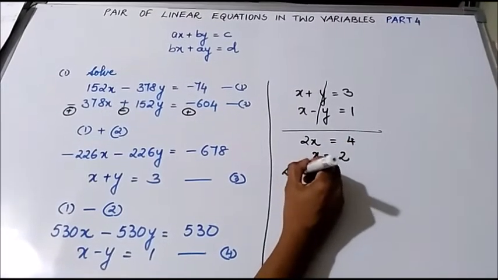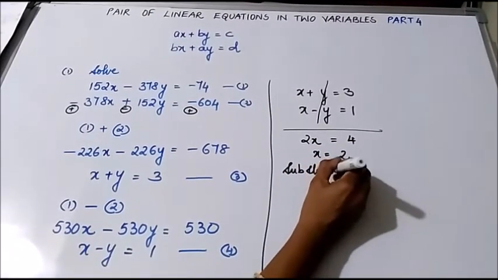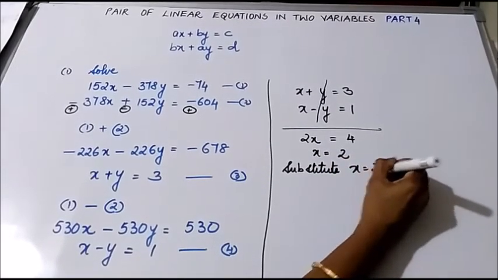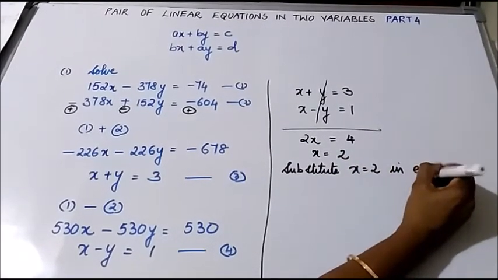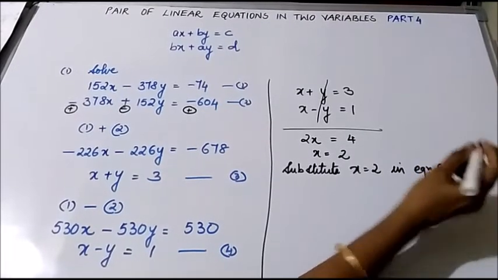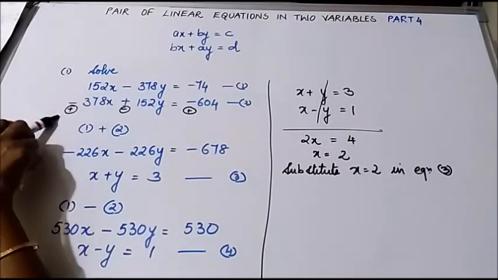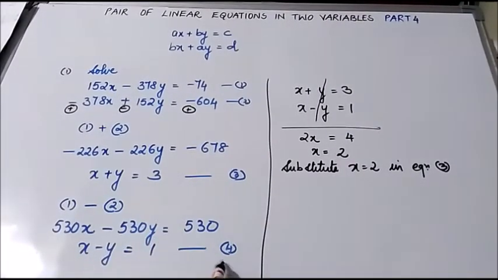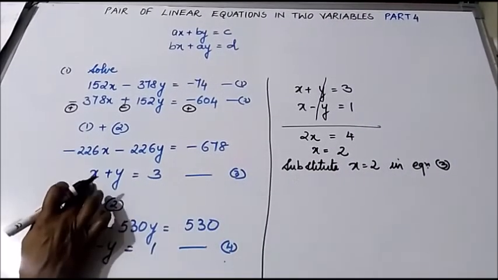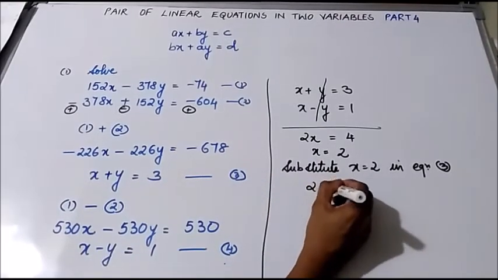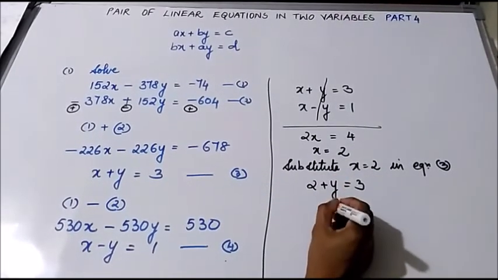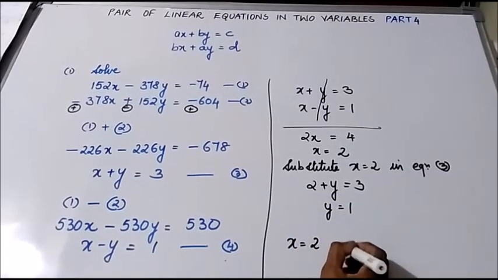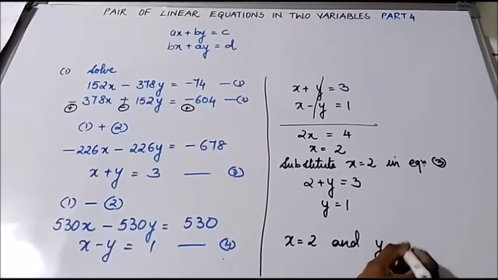Now substitute x equal to 2 in equation 3. We will not substitute in equation 1 and 2 because it will be lengthy. We will substitute in equation 3 or 4. What you have got here, x plus y, that is 2 plus y is equal to 3, y is equal to 1. So your solution is x equal to 2 and y is equal to 1.